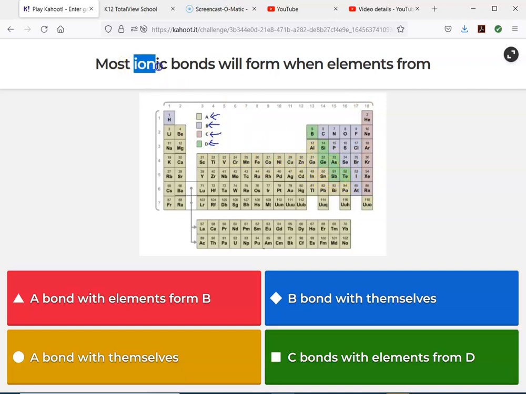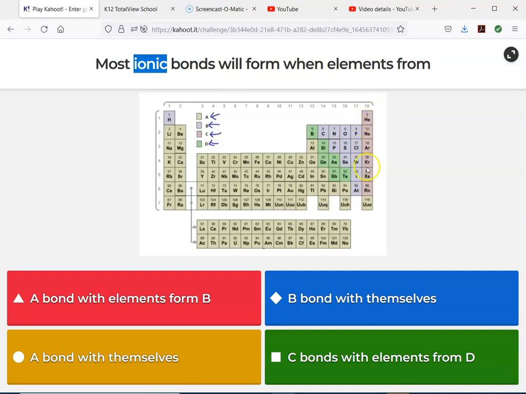So ionic bonds, we have to remember the definition of ionic bond, where a metal atom gives an electron to a non-metal atom. So if we know where the metals and the non-metals are, this is probably an easy question. Remember, metals are on the left side. That looks like A. Non-metals are on the right side, which could be the blue or the red, but remember the red have 8 valence electrons.